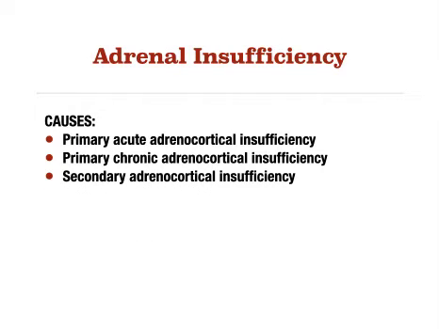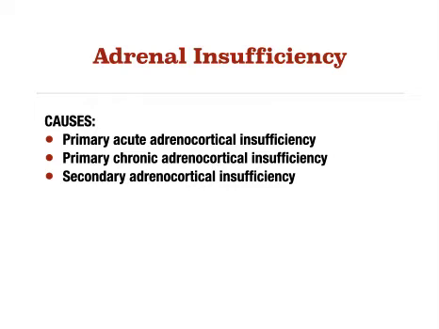Okay, now we move on to the opposite of hyperadrenalism, which is your adrenal insufficiency. We have three general categories of adrenal or adrenocortical insufficiency. You have your primary acute, which is also called your adrenal crisis.